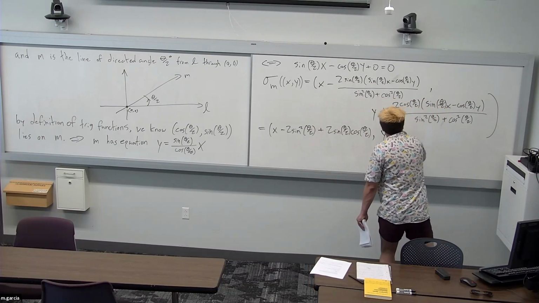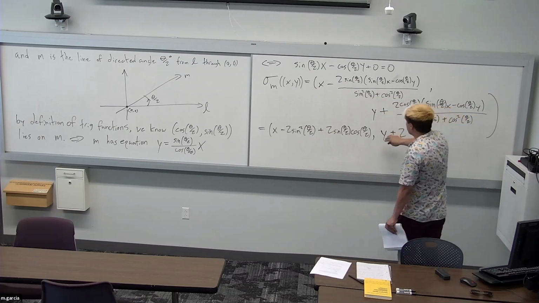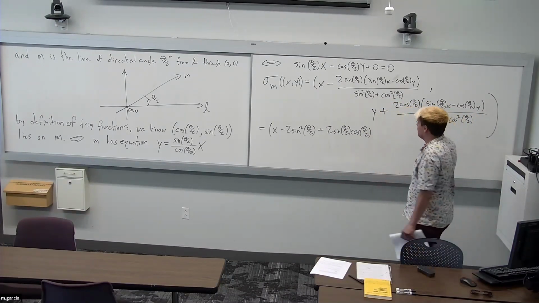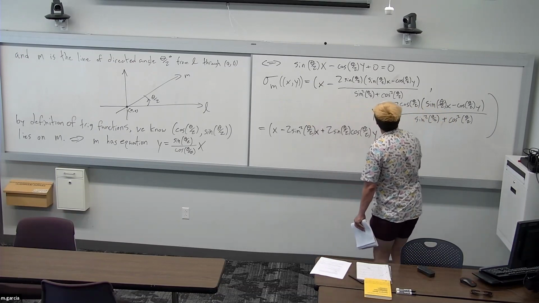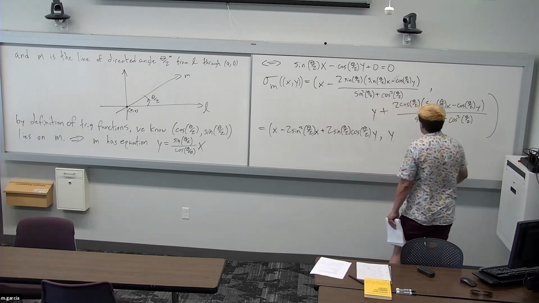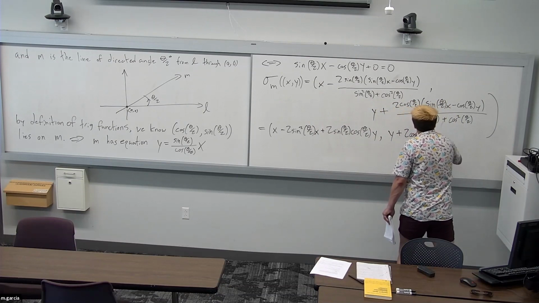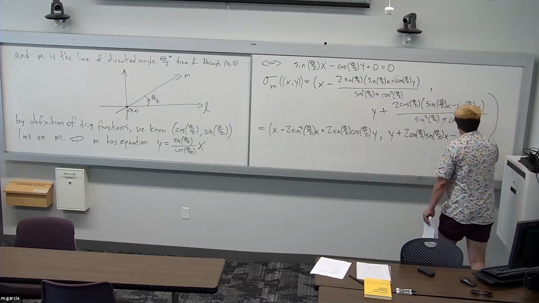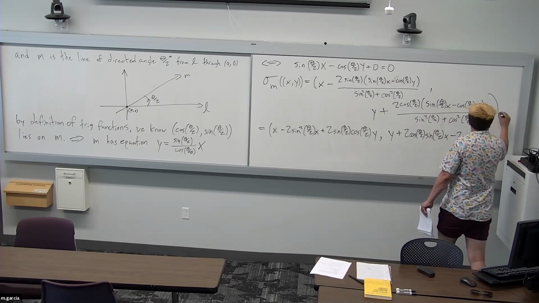Comma, y plus 2 cosine theta over 2 sine theta over 2 x minus 2 cosine squared theta over 2 y. Okay? All right.